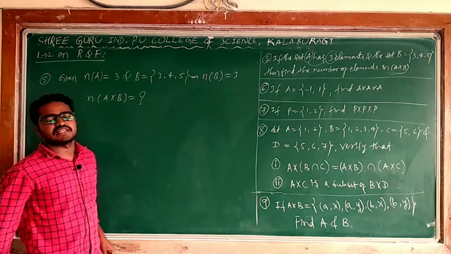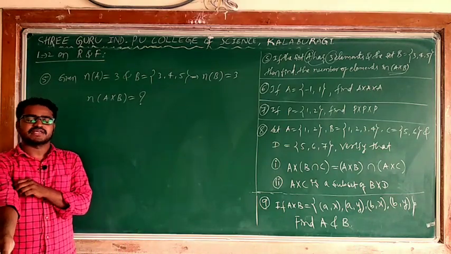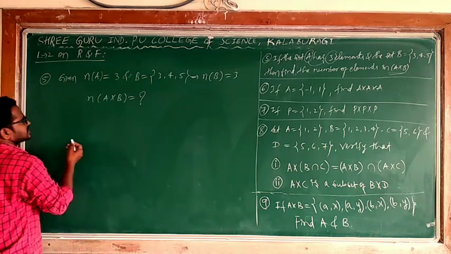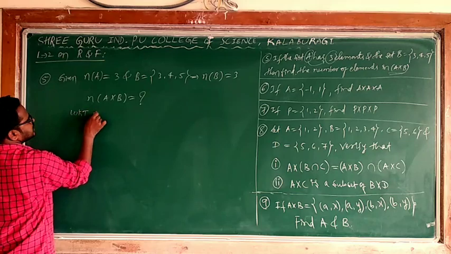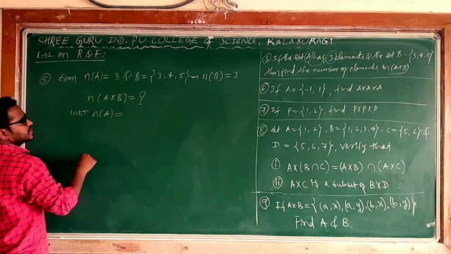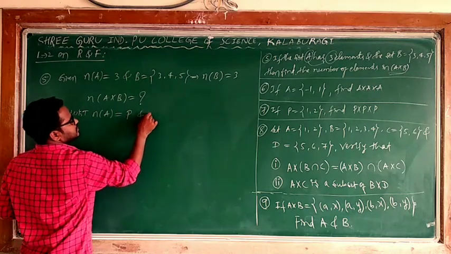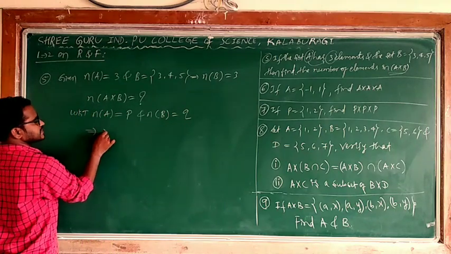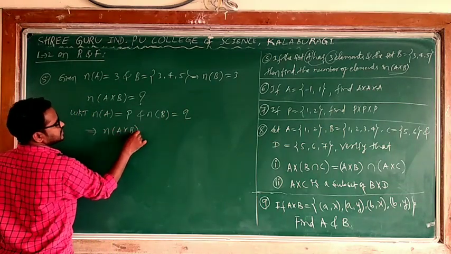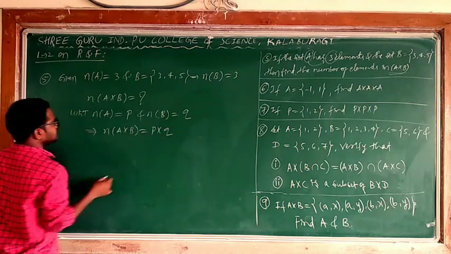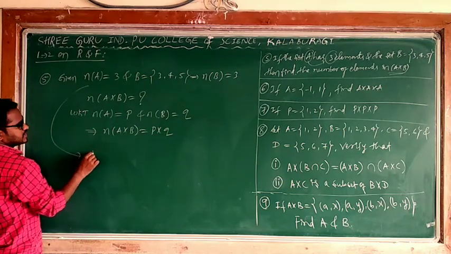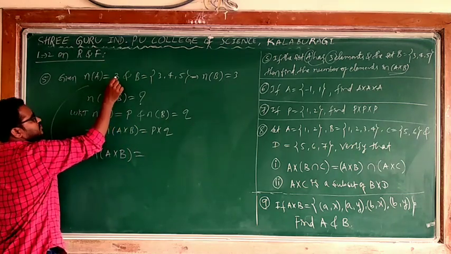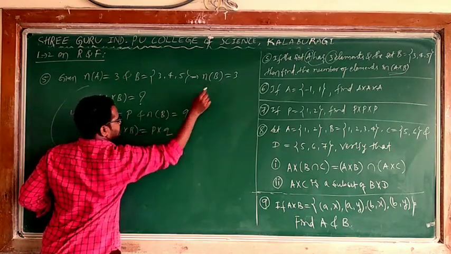I said in the previous class, whenever n of A has P elements and n of B has Q elements, then n of A cross B has PQ number of elements. So according to this, n of A cross B is equal to P, here 3 elements, times n of B, 3 elements.